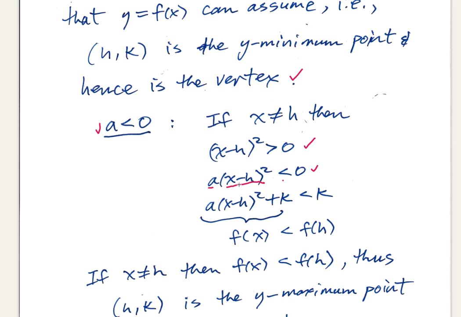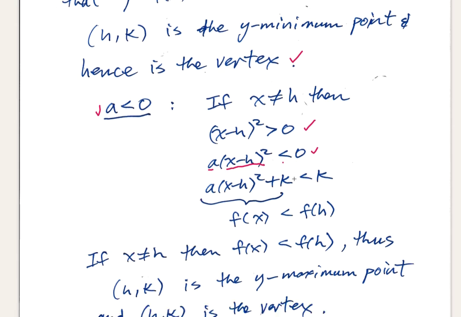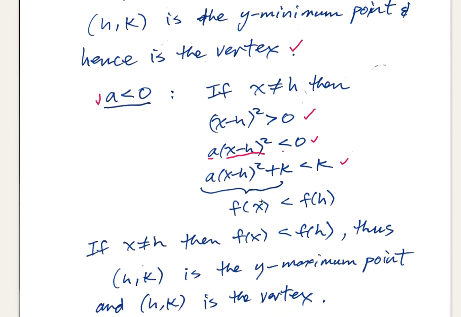Now, if I go ahead and add k on both sides here, I've got, once again, a times x minus h squared plus k on the left, but I've got less than k on the right. But once again, that is the function evaluated at x, and the right-hand side is the function evaluated at h.